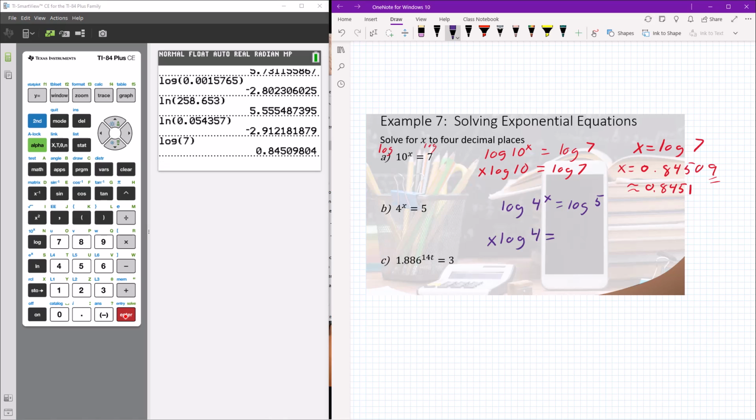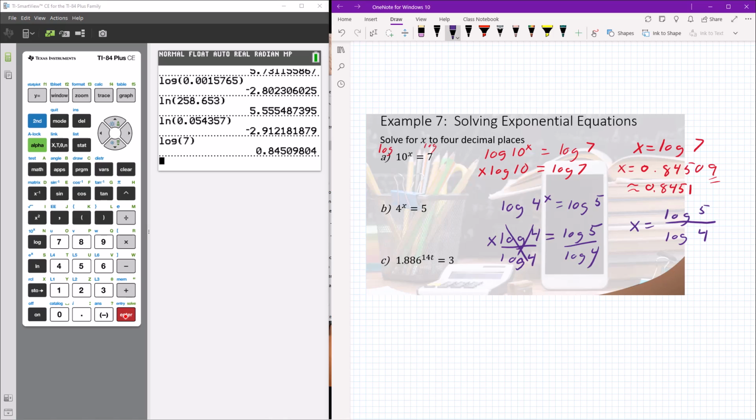And that's going to be equal to the log base 10 of 5. Okay, I can now divide both sides by the log base 10 of 4. These will cancel, and I will have that x is equal to the common log of 5 divided by the common log of 4.